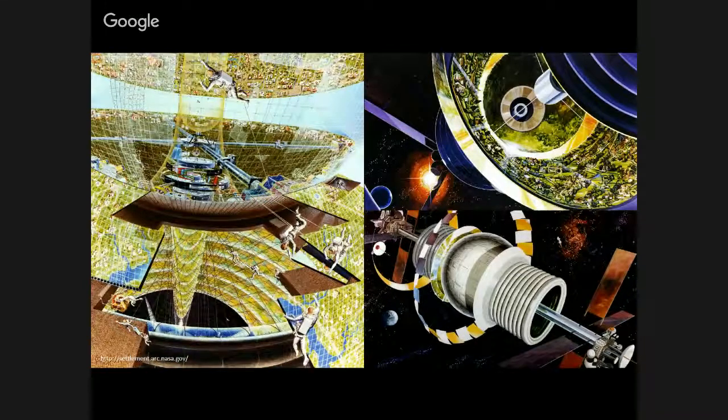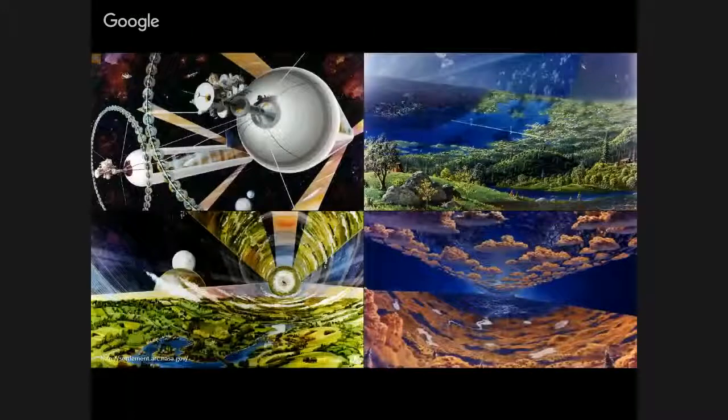And so in this case, these are two very particular architectures. These ones are typically referred to as O'Neill cylinders and world ships, where the idea here is you get artificial gravity from these cylinders rotating.